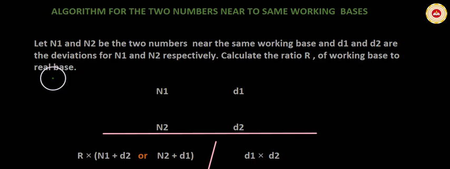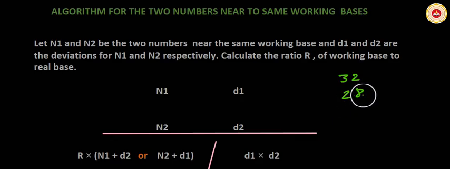Okay, now how to do it? See, if the given number is 32 and the second number is 28, which is the nearest working base for the two numbers 32 and 28?